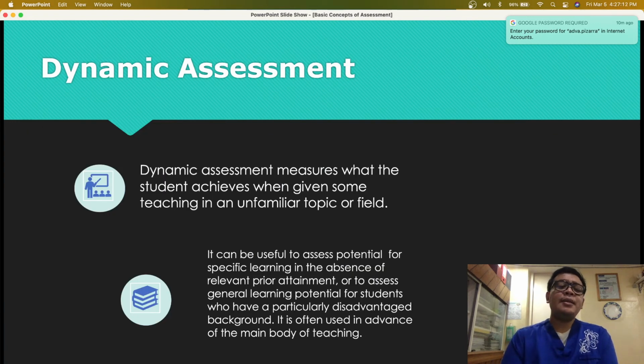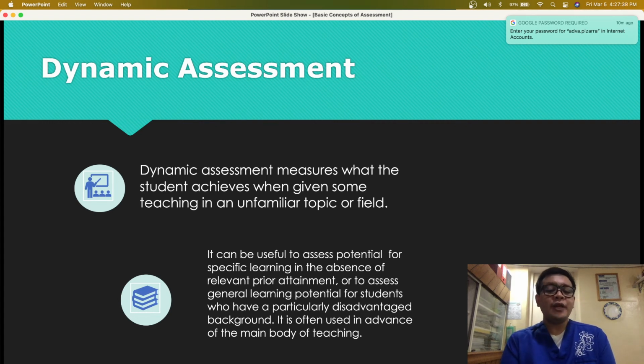Dynamic assessment is more into the measurement of what the student achieves when given some teaching in an unfamiliar topic or certain field. It can also be useful to assess potential for specific learning in the absence of relevant prior attainment, or to assess general learning potential for students who have a particular disadvantaged background.